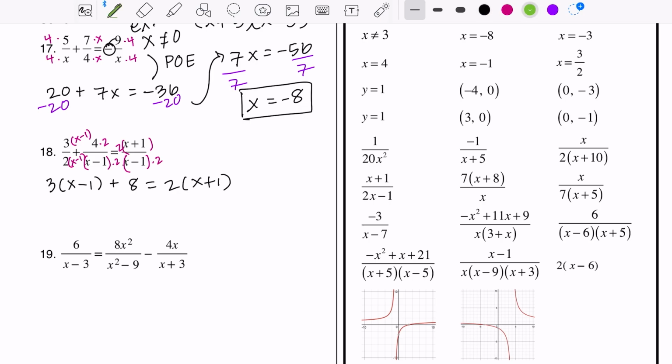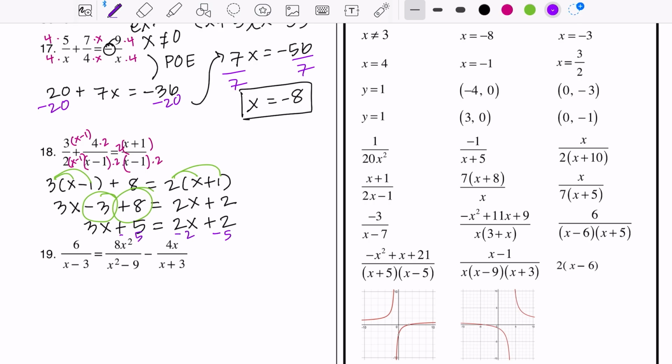And then rainbow method. Combine like terms on each side first, and then subtract 5, subtract 5, subtract 2, subtract 2, x.